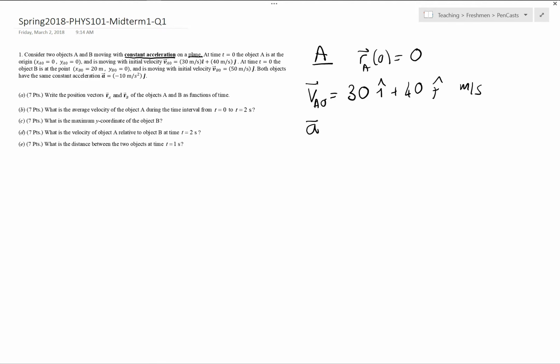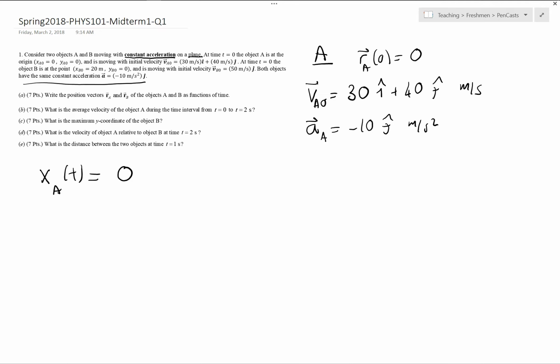And its acceleration, both objects have the same constant acceleration, so A is just minus 10 j hat meters per second squared. Based on this, I'm given the initial position, the initial velocities, and the constant acceleration. I should be able to write the x position of the particle as a function of time.